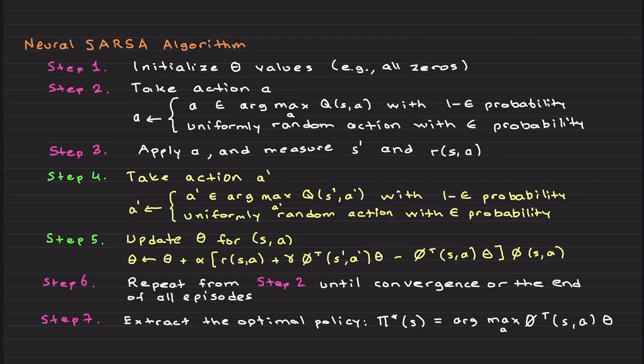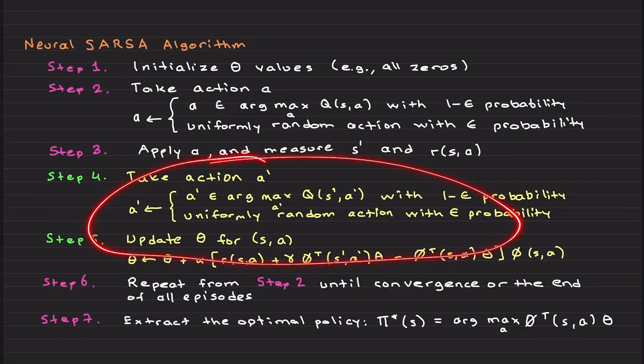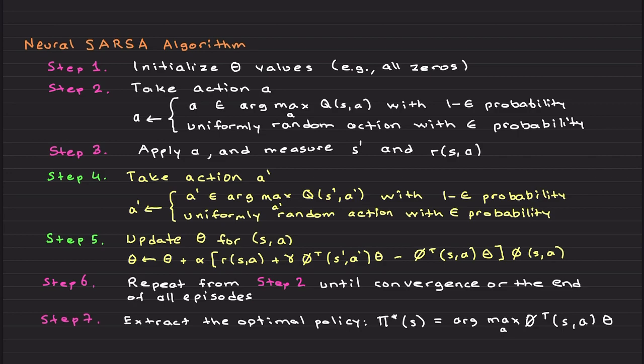Again, the only difference is that you replace this step with this, and in the next class when you see the MATLAB example, I will provide you the codes for both. If you want to try what I'm going to show you, this so-called experience replay, I will show it just on neural Q-learning, not necessarily for neural SARSA, but you can try it yourselves. All right, take care.